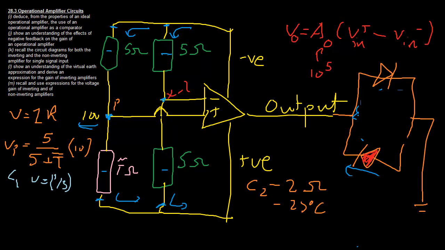So the potential difference at this point P is now 5 over 7, which is 0.714. Let's times that by 10, because the voltage of the circuit is 10. So the fraction was approximately 0.7, and now the voltage at point P is 7 volts. So the total voltage going into this operational amplifier would be, let's approximate, 7 minus 5, and that puts it at positive 2 volts.